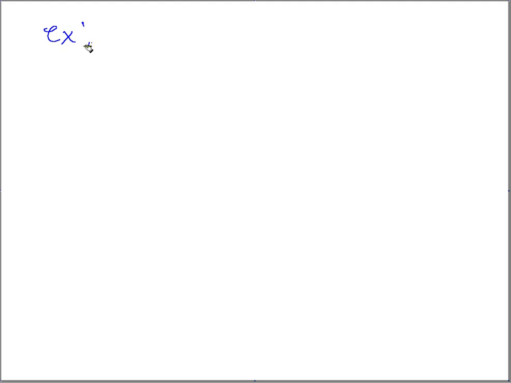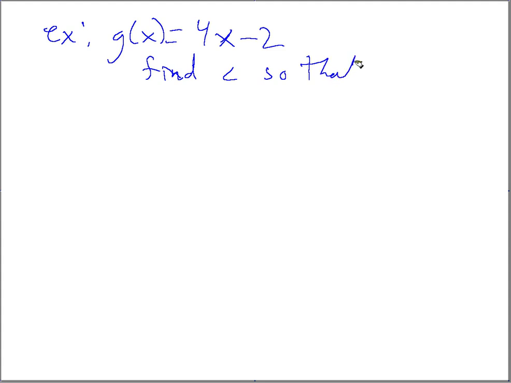Let's say the function g of x is equal to, let's make it something simple here, 4x minus 2, for example. Let's go ahead and find c so that g of c is equal to, let's make it 22 here.